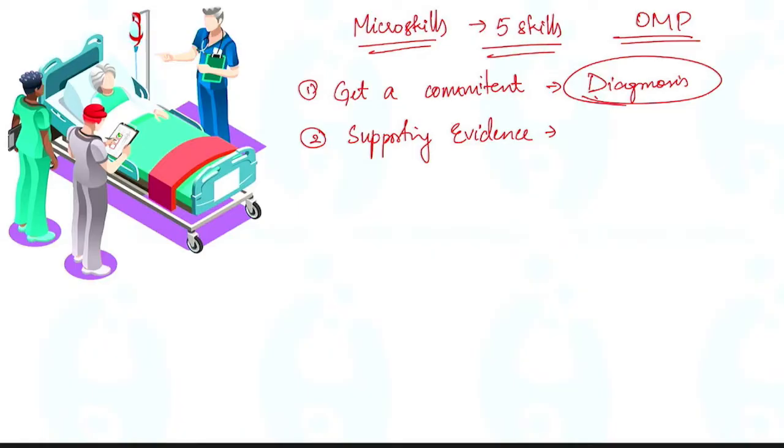Instead of a simple fasting blood sugar, why are you choosing HbA1c? Or which medications are you suggesting, or which medications are available for this specific diagnosis? That is what the student will be answering. So that is probing for supporting evidence.